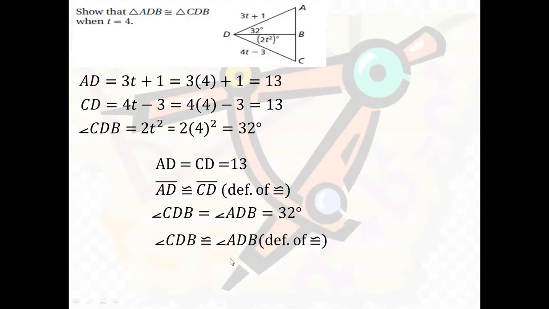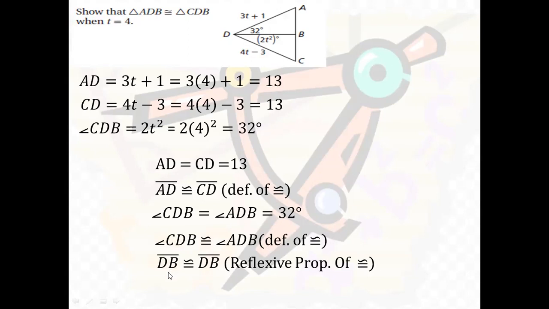The next one is the angle, which is angle CDB, which we found now. CDB is equal to angle ADB, which is 32 degrees each. This one they already gave 32 and this we found out to be 32. So both of them are equal. So we could say that angle CDB is congruent to angle ADB by the definition of congruence.